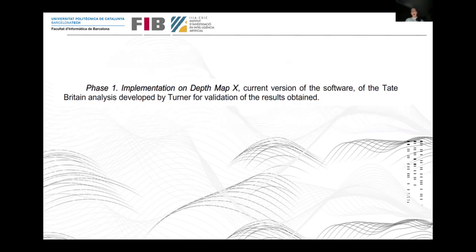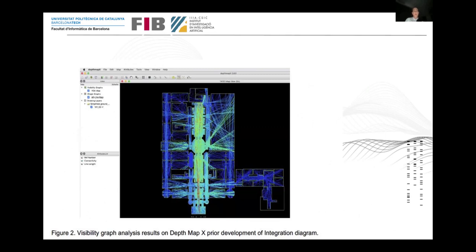So on the very first phase, as I said, we developed with the current version just a very simple mimic exercise of the agent-based analysis of the plan. We can see here that the plan already incorporates the refurbishment on the northeast areas of the museum.